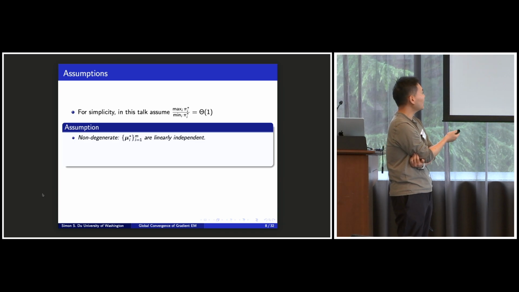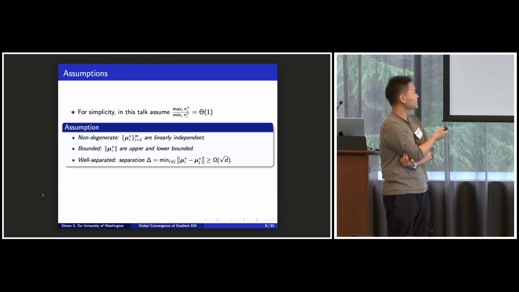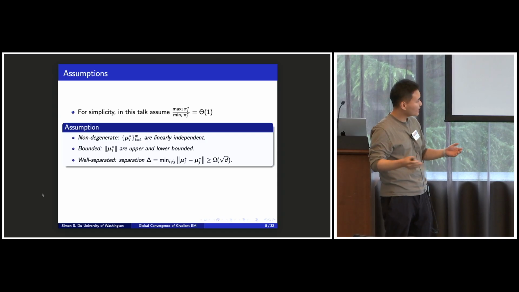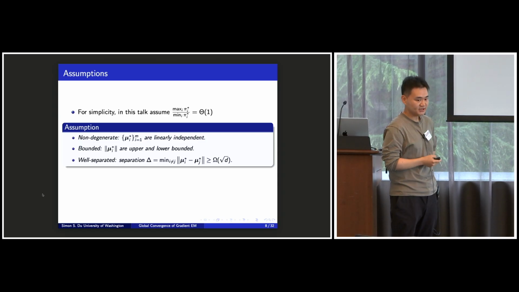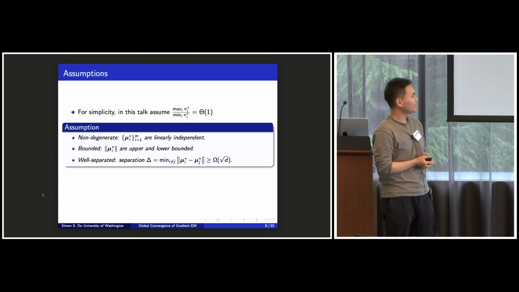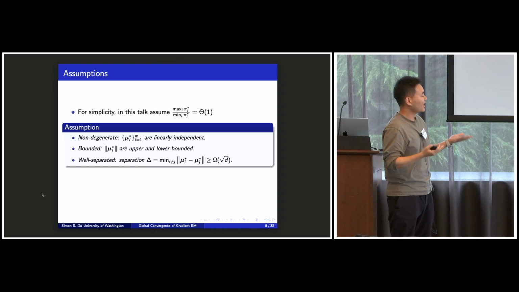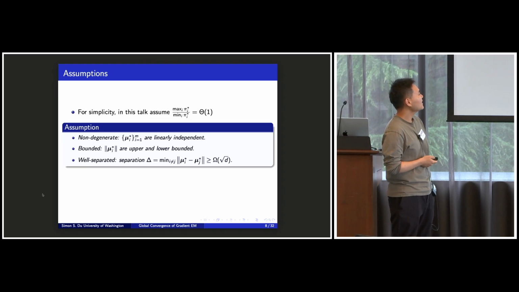And then here are our assumptions. First of all, we assume the mu i stars, if you view them as a matrix, this matrix is full rank, or linearly independent. Again, this is definitely for technical reasons, and actually you don't need it in practice, or I believe in theory you don't need it as well.